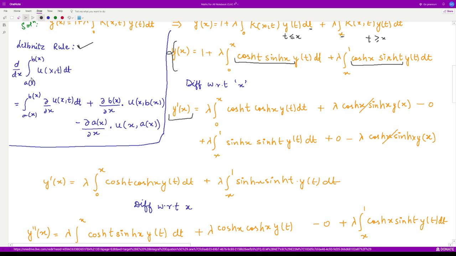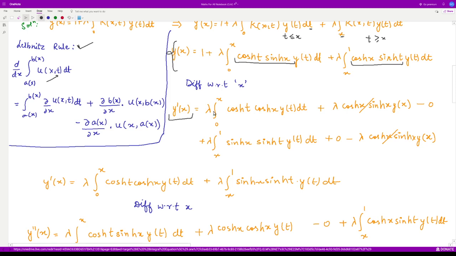That means firstly you will take the partial derivative of this whole term with respect to x, then add the derivative of the upper limit with the upper limit substituted in place of t, minus the derivative of the lower limit with the lower limit substituted in place of t, right? This is what we do usually. So let's do it here also.